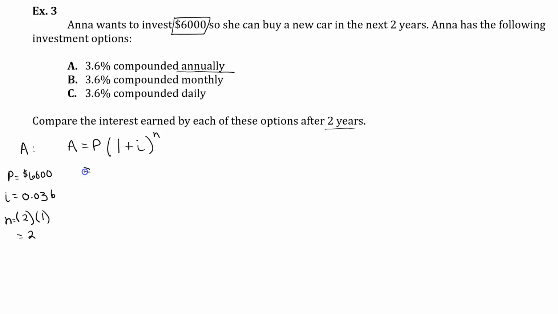So let's fill this in, shall we? So $6,000 times 1 plus 0.036, all to the power of 2. So when I simplify this, I will get $6,439.78.